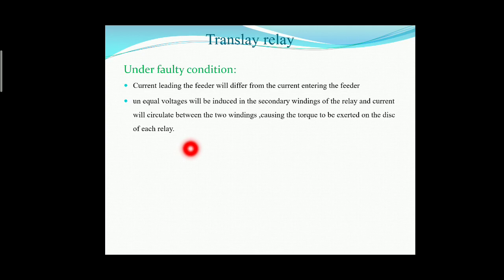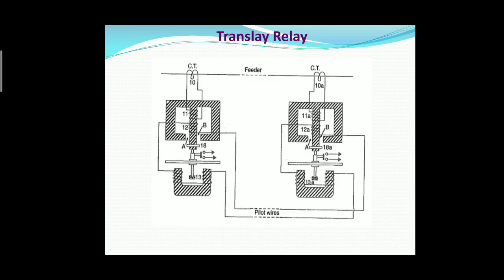Therefore, torque will be produced because the current leaving the feeder differs from the current entering the feeder. This is the under fault condition of a translay relay, and this is the overall construction and operation under normal and abnormal conditions, along with the basic constructional diagram of a translay relay.